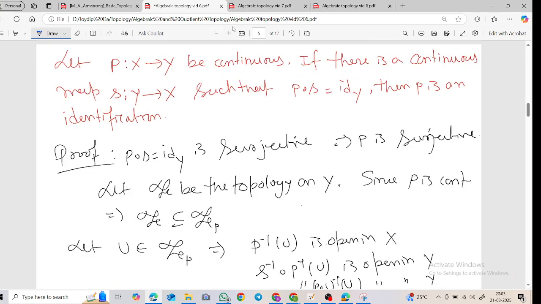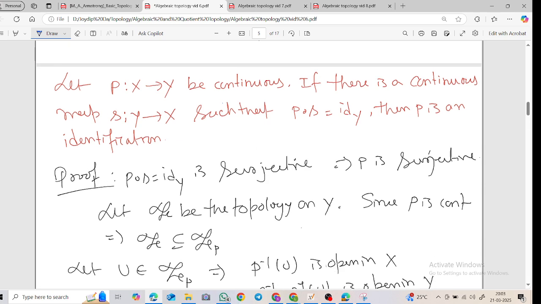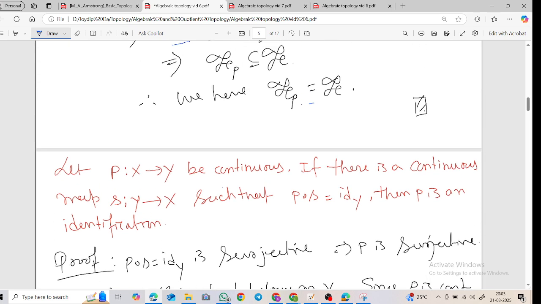So the statement says that if P is a continuous map from X to Y and S is a continuous map from Y to X such that P compose S is identity, then P is an identification map.